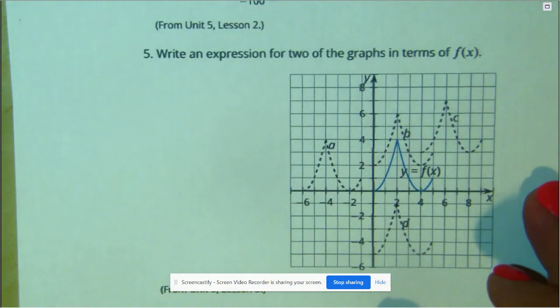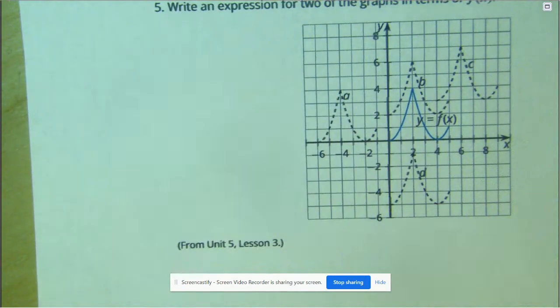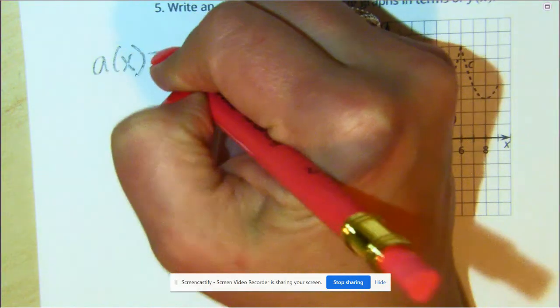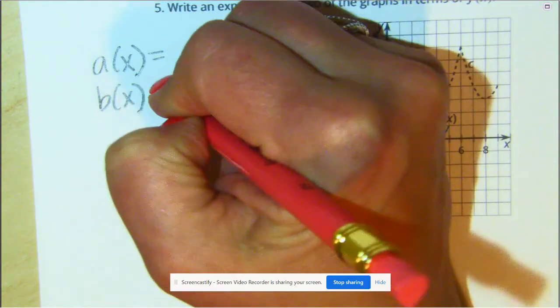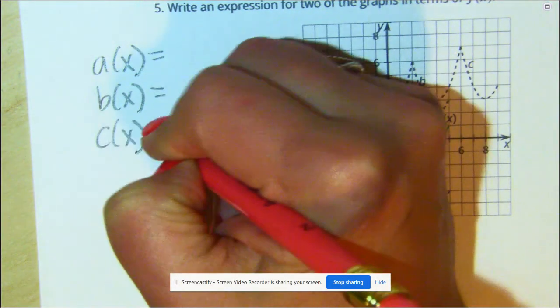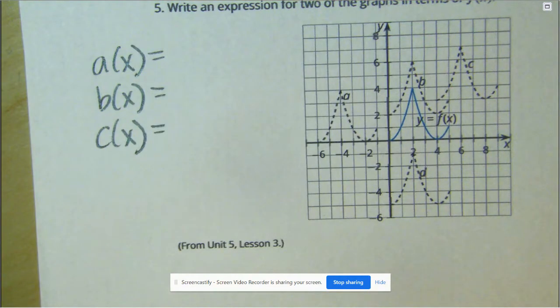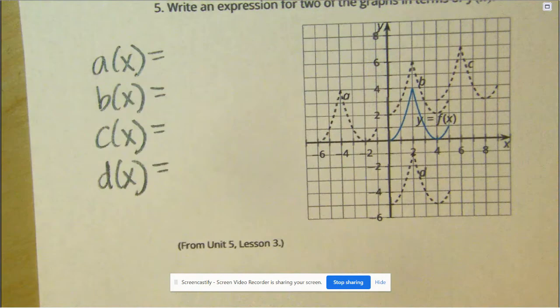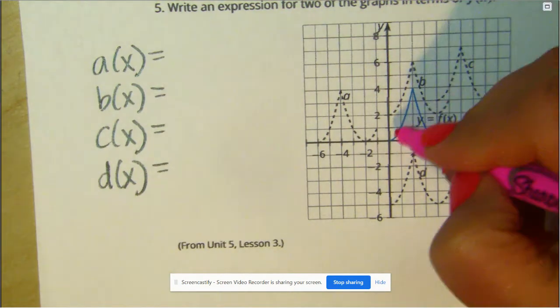Number 5, write an expression for 2 of the graphs. Well, I'm just going to do them all. So I'm going to get them all ready here. We have A, we have B, we have C, and D. And we're basing these all on this one right here.